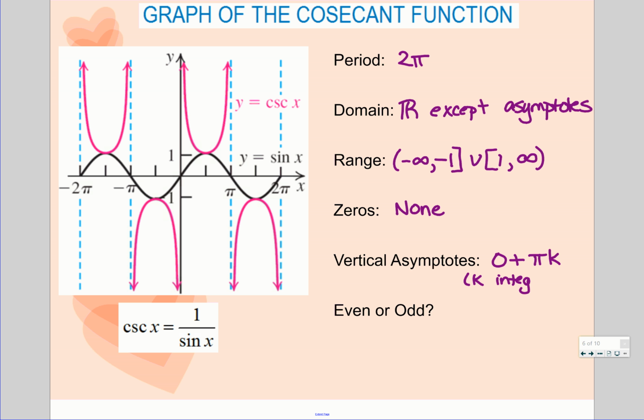And it doesn't have to be 0. You could say pi plus pi k or 2 pi plus pi k, but it's an asymptote plus period times k. Even or odd? What do you think? This is odd. If you flip it upside down, rotation of 180 degrees, it looks the same.